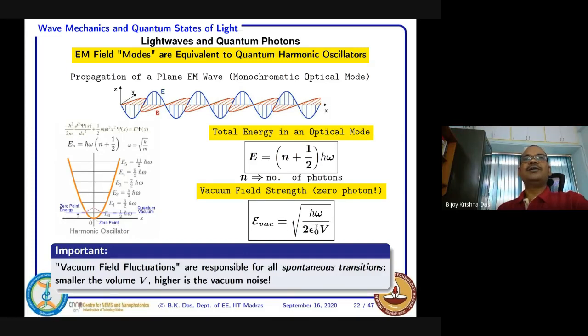So the energy is half h cut omega, you cannot access that energy, but there is a constant generation of photons and their destruction happening, and on average you get this type of energy. That is happening spontaneously, and that is what Einstein explained as fluctuation, photon fluctuations, quantum mechanical fluctuations, the first term and then the continuous second term. So this is actually called vacuum field fluctuation, the vacuum field, and that will fluctuate.